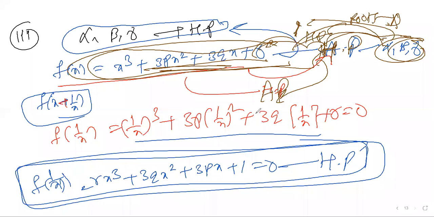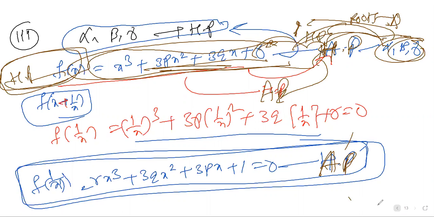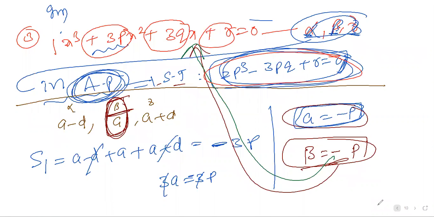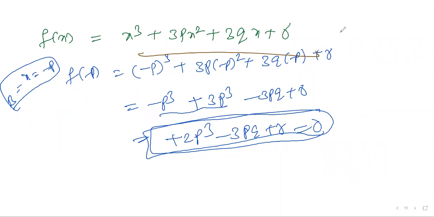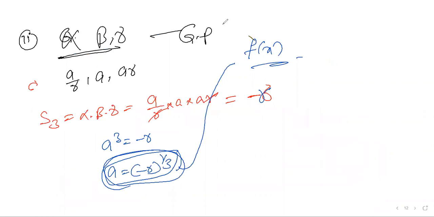So now let us take if it is in AP. The previous question is in HP because they are telling this. Once again, I'll try to say it so you can easily understand. First case: my question is in AP. What is the condition? Second case: my question is in GP.